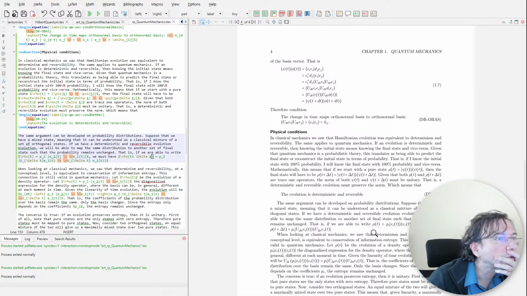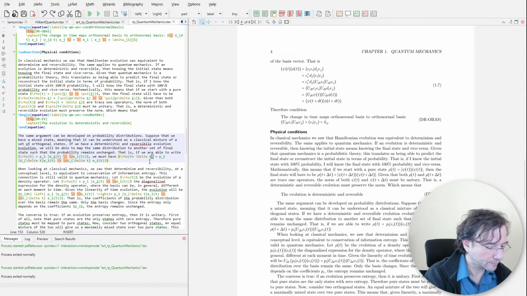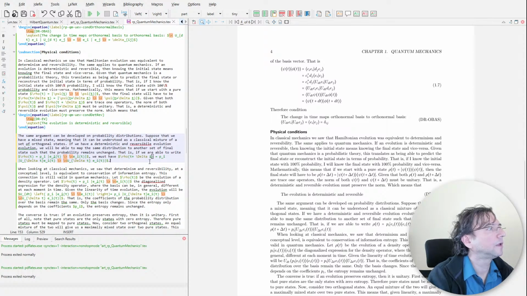If you're able to write rho of t, we must have the rho that is, this will mean that those remain unchanged.